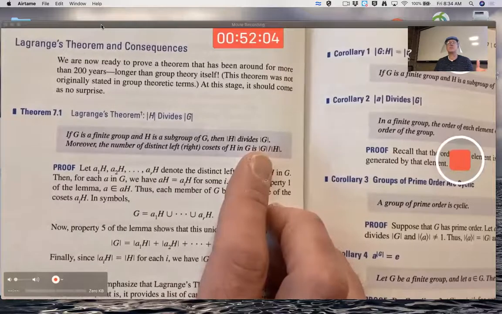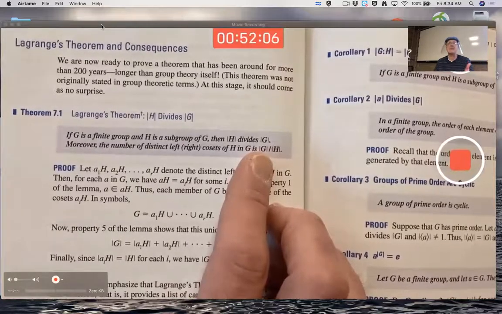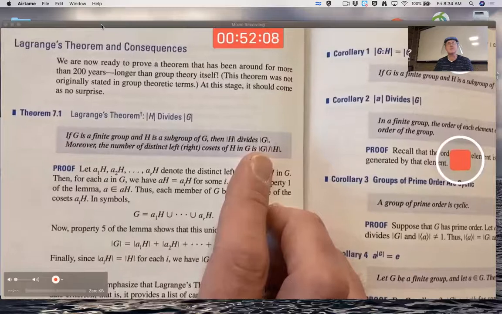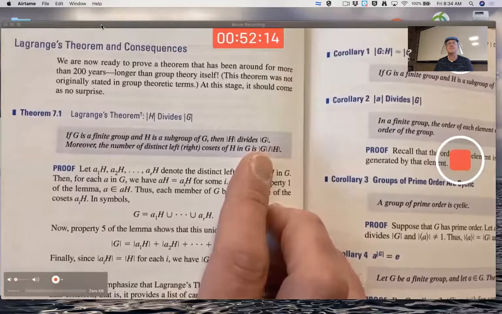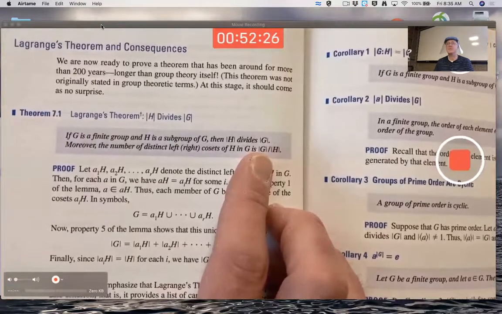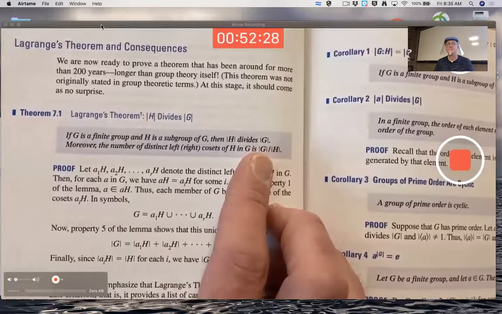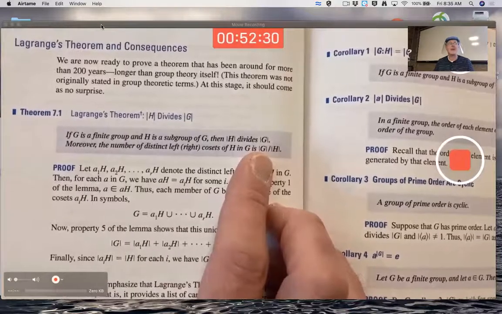But in a group of order 60, we are not guaranteed to have a subgroup of order 30. Possible, but not guaranteed. In fact, A5, the alternating group on 5 elements, even permutations, has 5 factorial over 2 elements, which is 60 elements. Actually, that group has no subgroup of order 30.